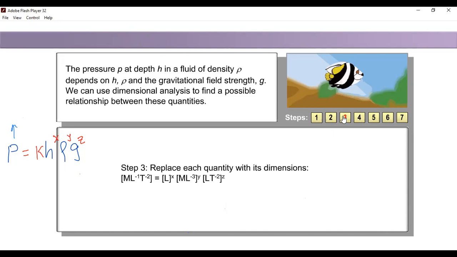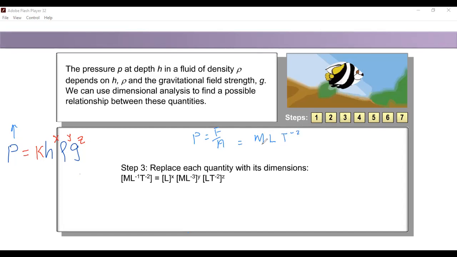Okay, look at step 3. As we know, pressure P equal to F over A, right? So for the pressure, the dimension will be M L negative 1 T negative 2. F is M in kg, times acceleration, m s negative 2.